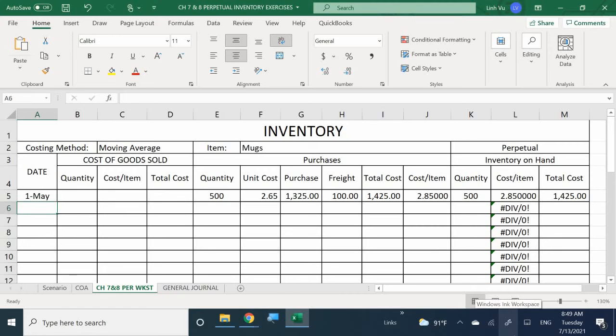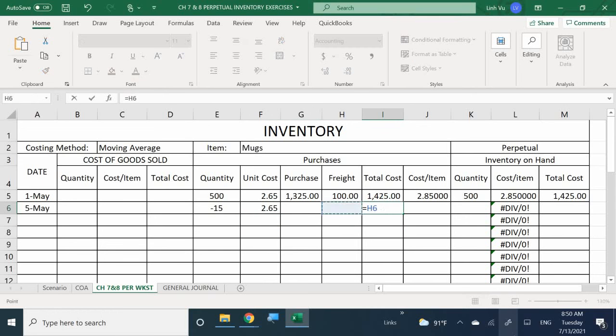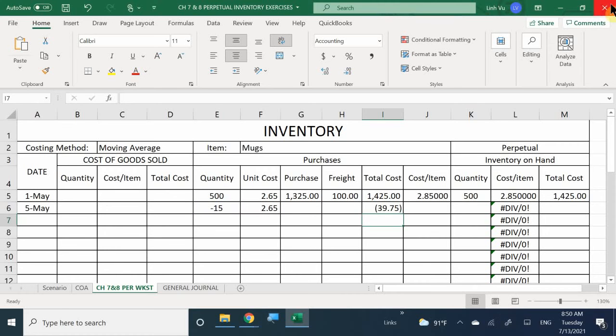Okay, so this is 5, 5. We have 15 items at 2.65. So here, my total cost is going to be 39.75. Then we're going to plug those numbers in right here.